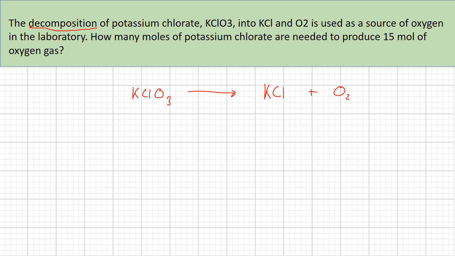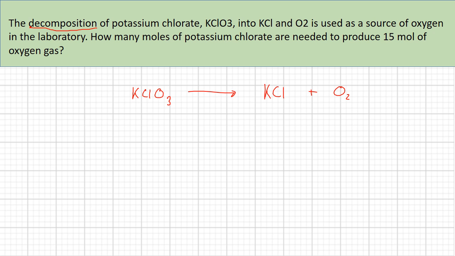But this one's pretty easy to solve because I can isolate my oxygen on the right side, and basically I can just pin things down. You might be able to do it in your head. But when I look at this, I know whatever I do to the left side, I need to make sure I do to the KCl on the right side, because they're both in the same proportions already.